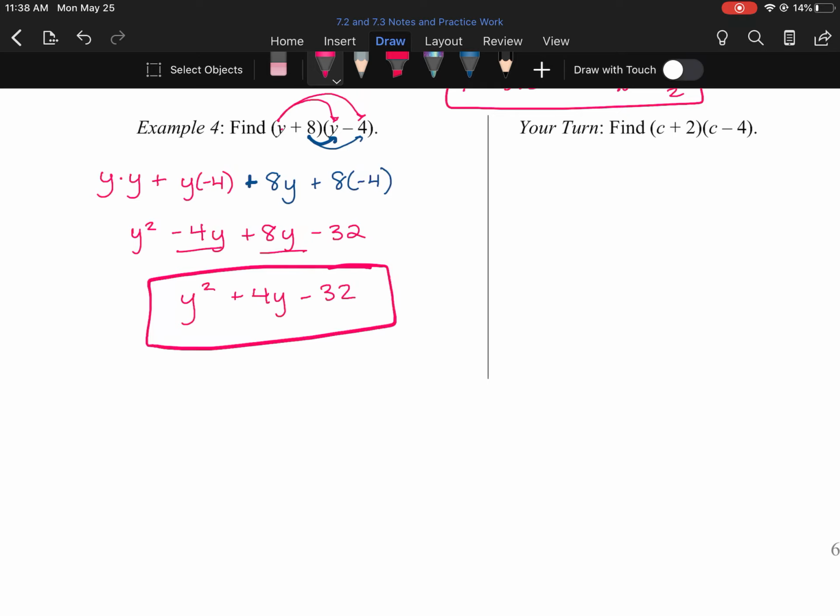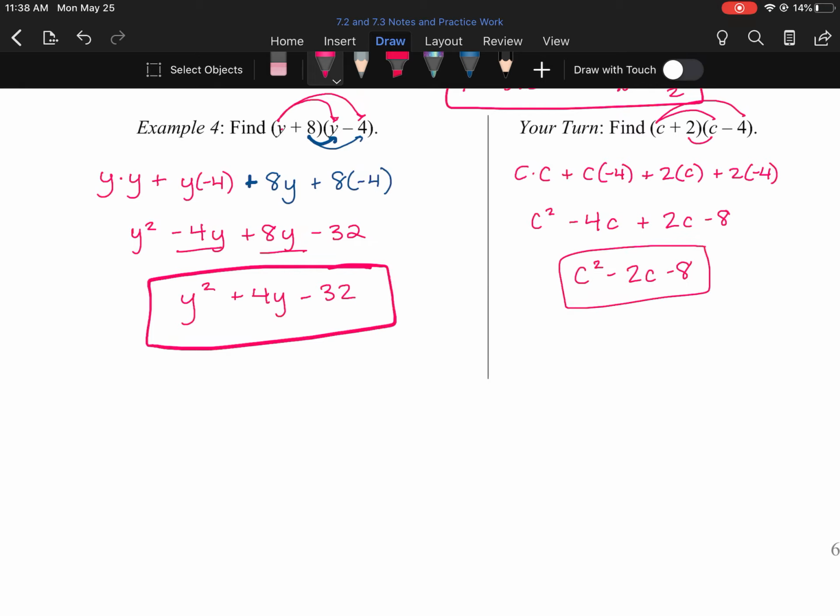So take a moment, try the your turn, and then come back and double check your work. All right, so you should have been again, c squared minus 2c minus 8.